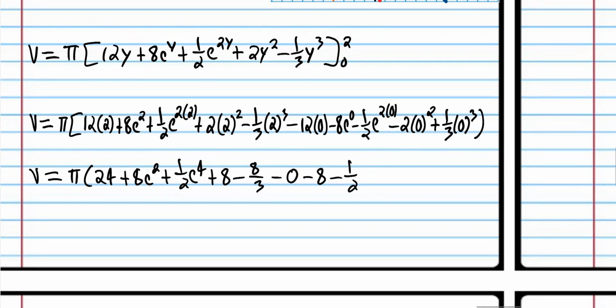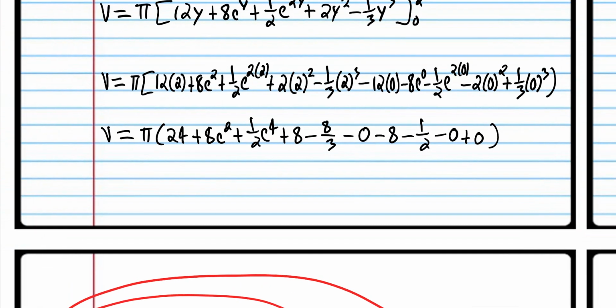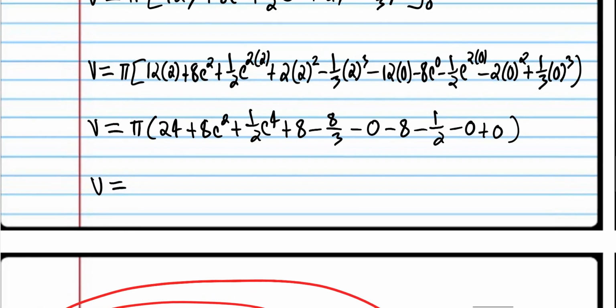Remember, anything raised to the 0 power is just 1. So we have 24 plus 8 minus 8. So it looks like these 8s cancel out. We can combine these green fractions. Negative 19 over 6.